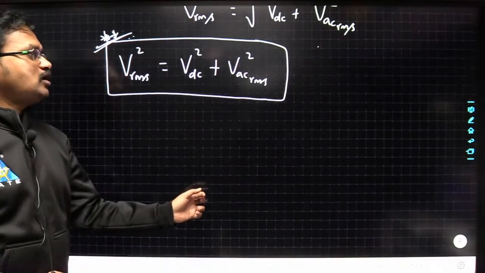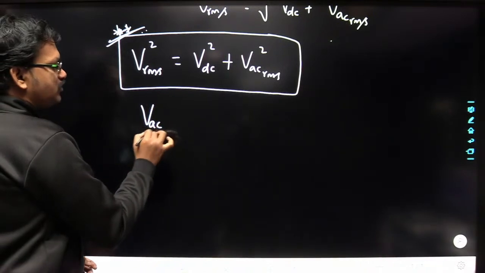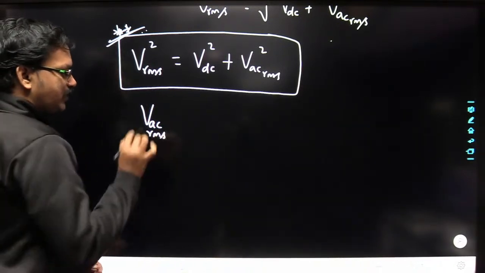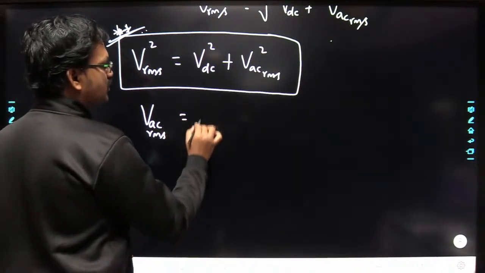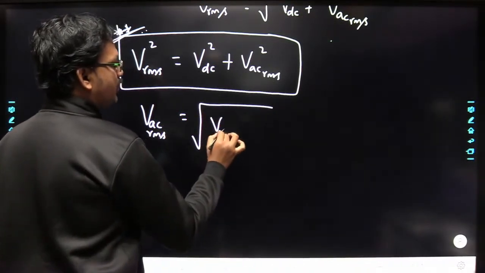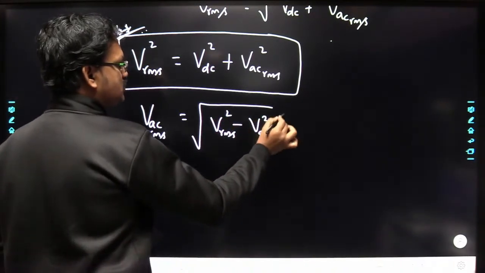Now if you particularly want the RMS value of the AC signal, it is equal to the square root of V_RMS square minus V_DC square.